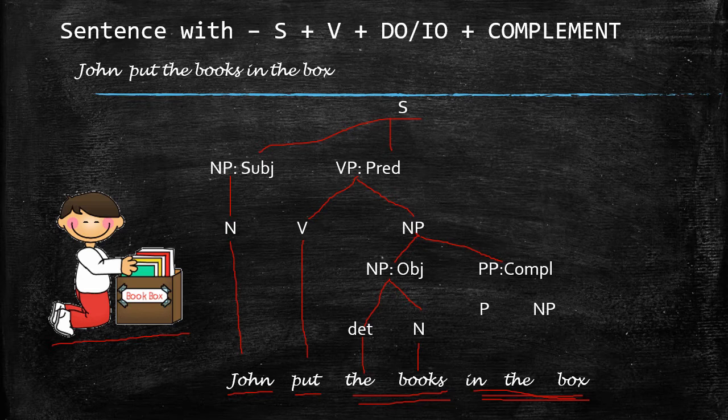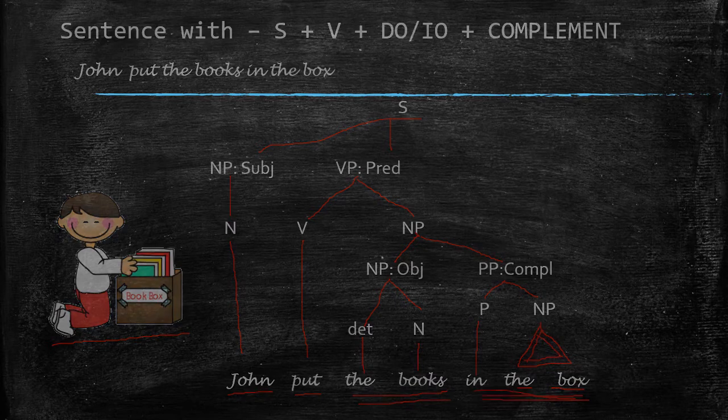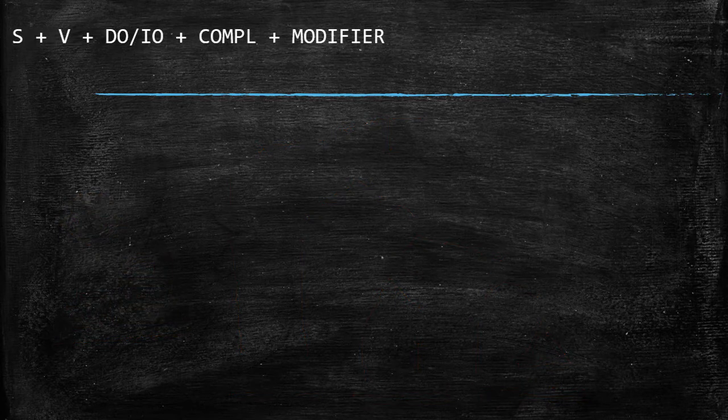For complement, we have PP, prepositional phrase, in the box. So we have preposition and we have NP again. If you have double NP, you can make a triangle like this, and then you can make two branches, preposition in and NP the box. This is the NP, the and box. So you can make it like this.